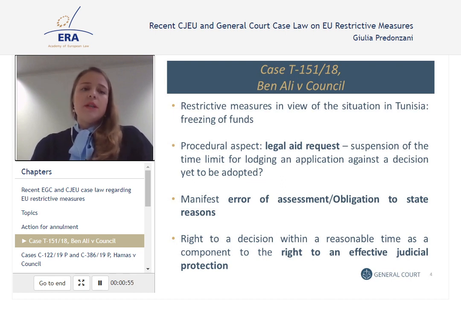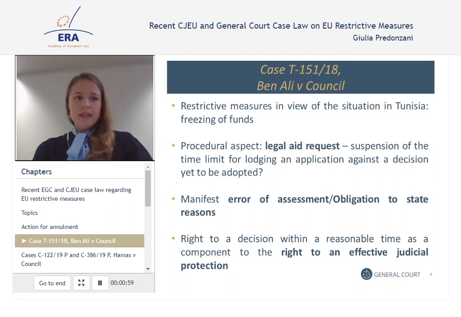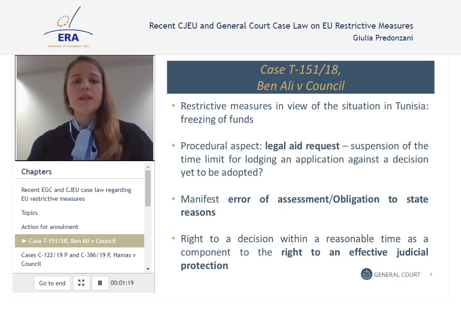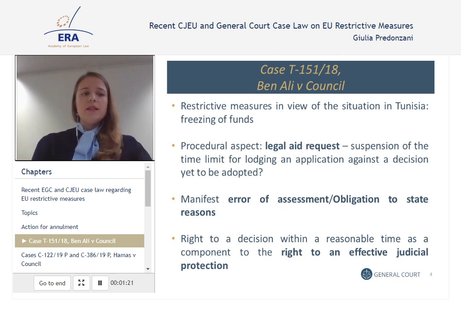His initial entry was by acts of 2011, and he was afterwards maintained on those lists on a yearly basis. This case concerns the application which Mr. Benali lodged seeking the annulment of decisions 2018-141 and 2019-135, by which the Council had maintained his name on the contested list by providing the same reasons supporting the original listing.